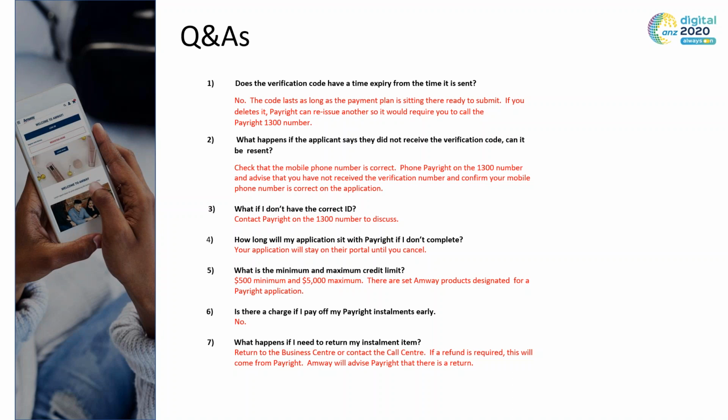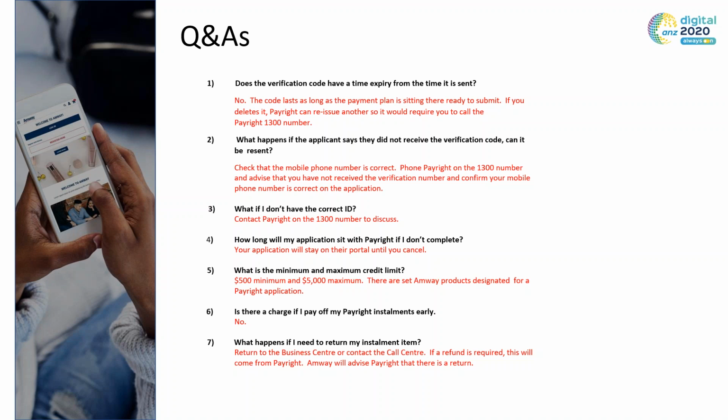So if you decide not to go through with it, you can delete it or give PayRight a call and ask them that you no longer want that application if it hasn't been finalised. So the PayRight number is the 1300 number that you'll contact.